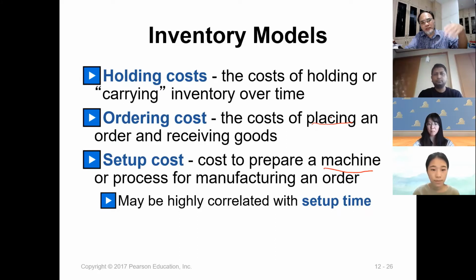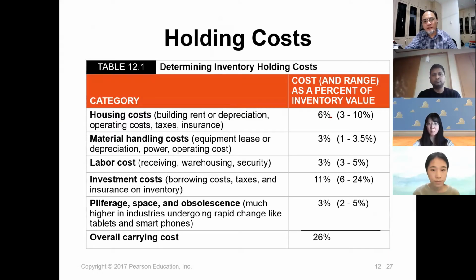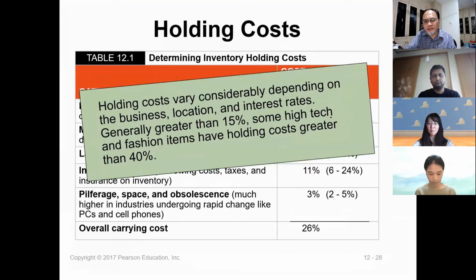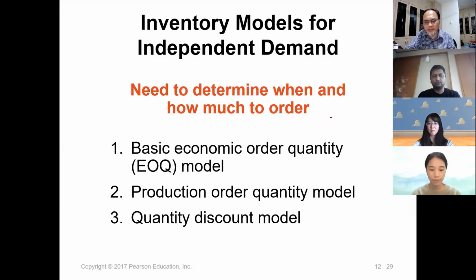If you know the usage rate per day, then you can order accordingly, based on this EOQ, economic order quantity model, whereby we try to minimize the total cost. Minimizing the total cost means minimizing the holding cost and the ordering cost.